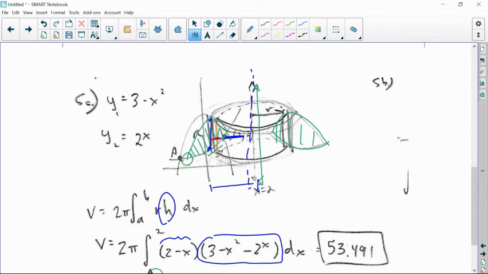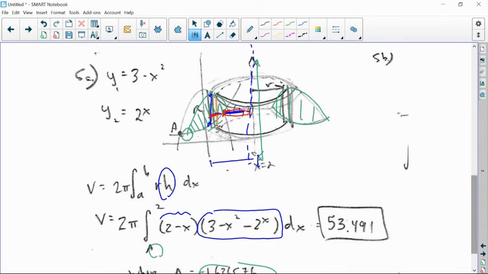So I really need this radius here. So it's 2 minus x. And that accounts for if you are on the negative side, you're actually further away. So that negative x becomes a plus x. So there's your radius, there's your height, there's your 2 pi, from your smallest a value to your highest value of 2.